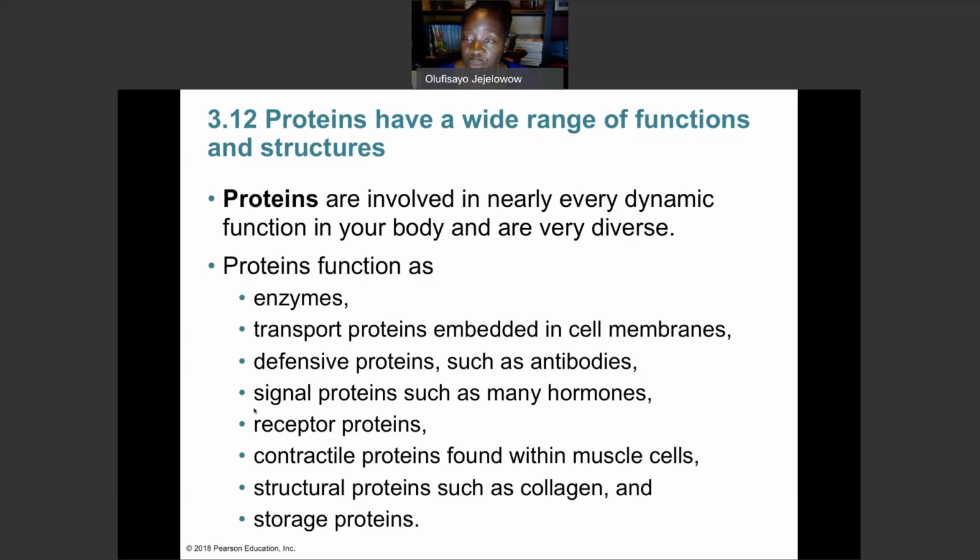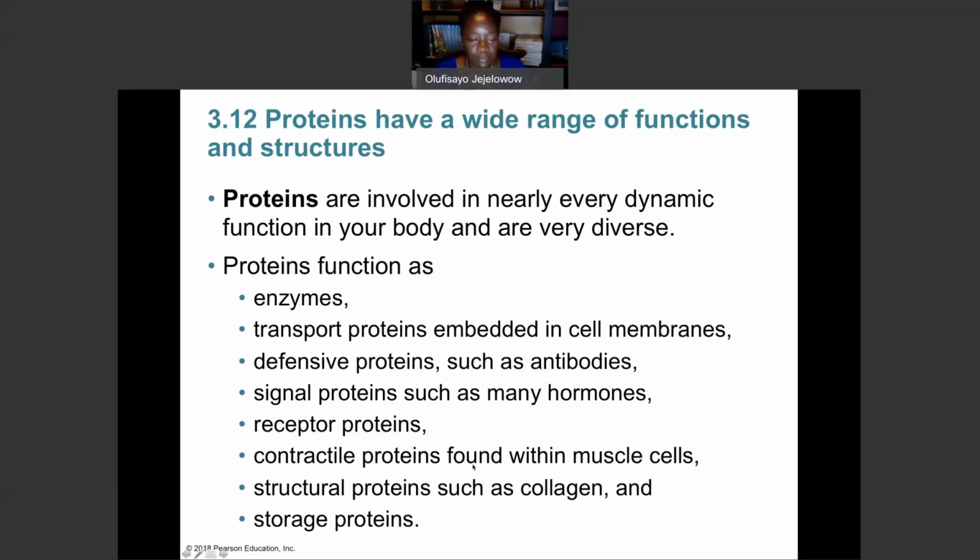There are receptor proteins that recognize foreign bodies, antigens, and let your body know, hey, you got a bacterial infection, and so on and so forth. There are contractile proteins found within muscle cells. In the case of humans, there are also contractile proteins found in small organisms, even protists, that help them to be able to move around in the waters that they have.